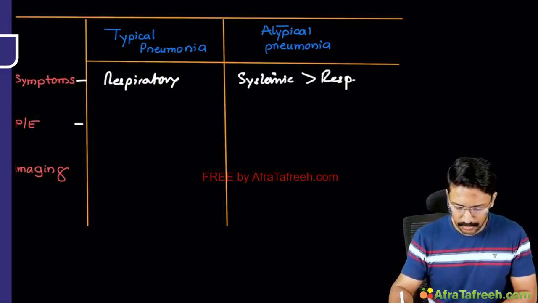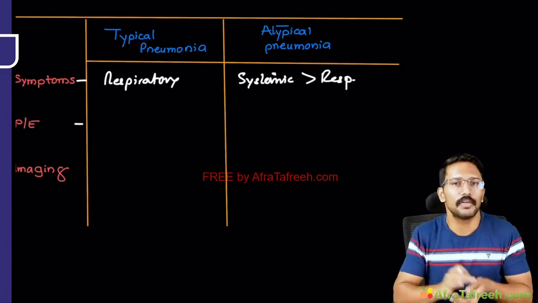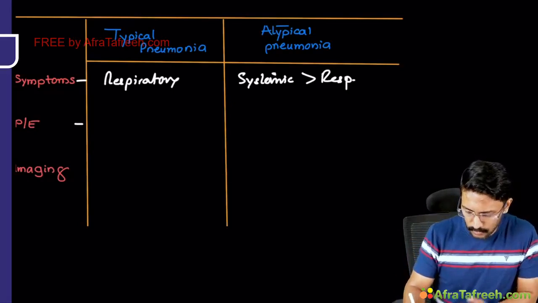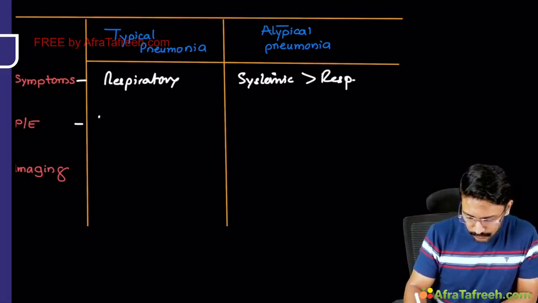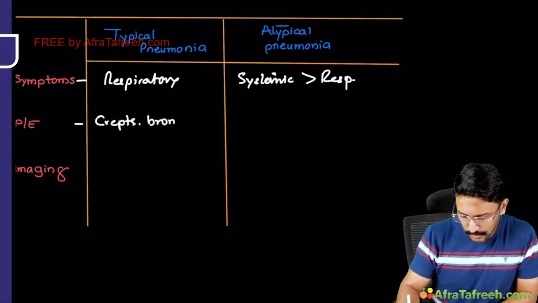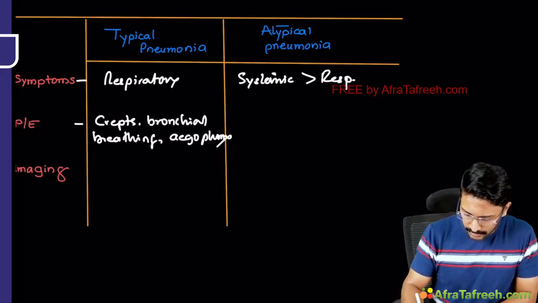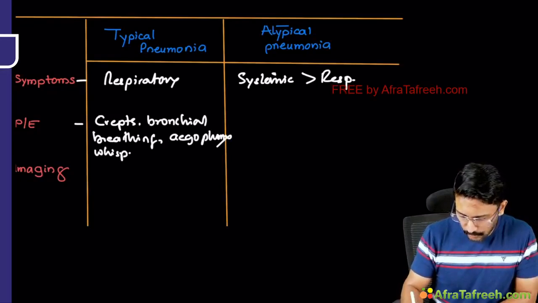On physical examination, the typical pneumonia will have identifiable findings. Right, so physical findings mainly suggest that the patient might have extensive crepitations, he might have bronchial breathing, okay, he might have egophony, he might have whispering pectoriloquy.